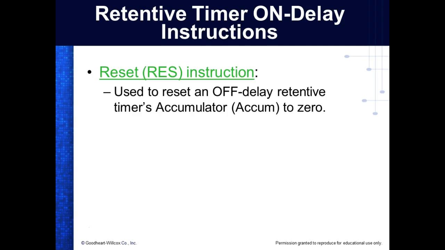Reset instruction. When we deal with a retentive timer, it is going to hold its time even when it's disabled. So the only way you're going to reset the accumulator is by using a reset instruction.